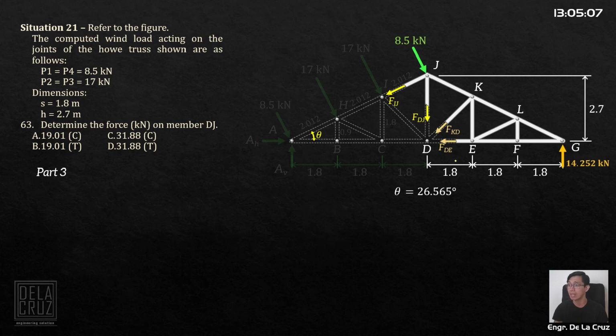Apat yung naputol natin. Pero pag mag-moment tayo sa D, itong tatlong forces niyan is directly pointing to D. So, mawawala sila. Yung unknown na lang natin is yung Fij. Alright, so yung angle ng Fij to the horizontal is obviously theta. This is theta.